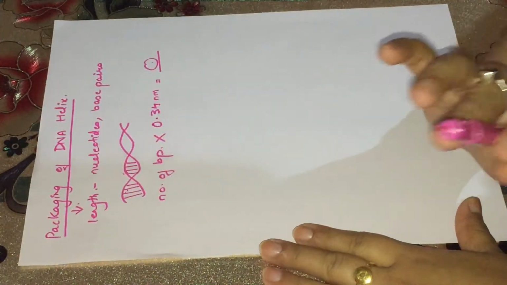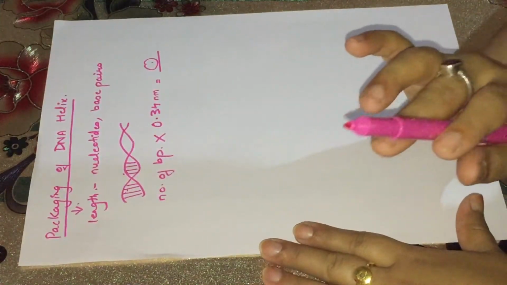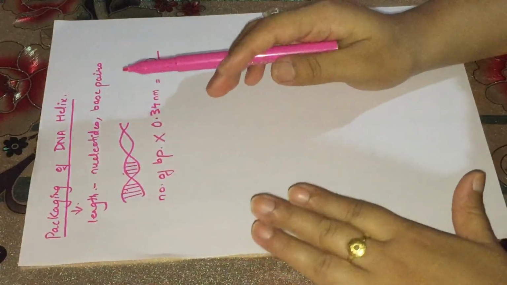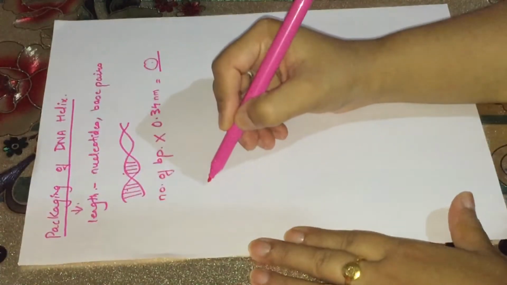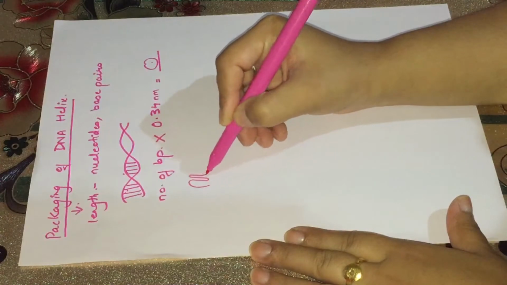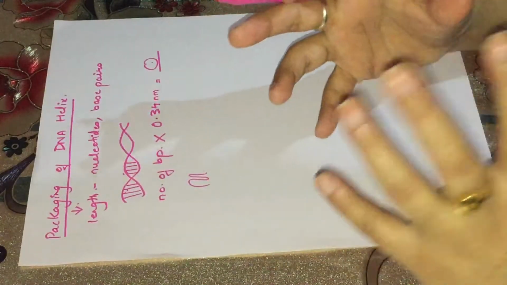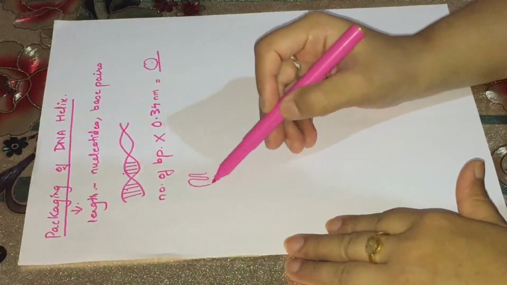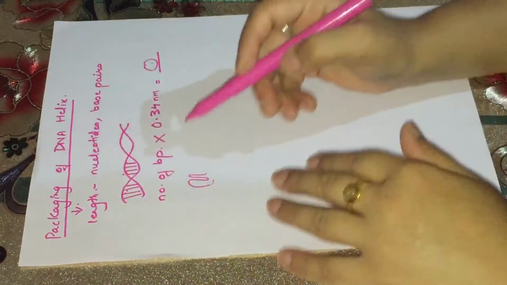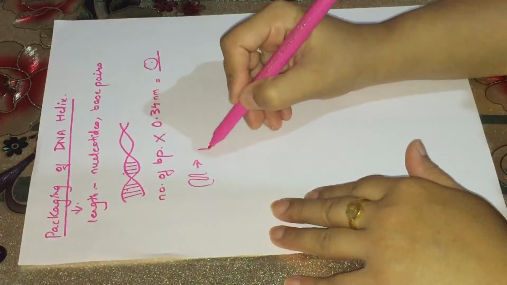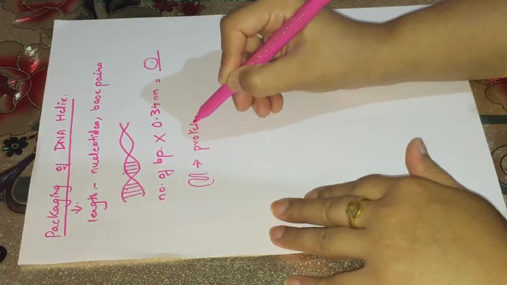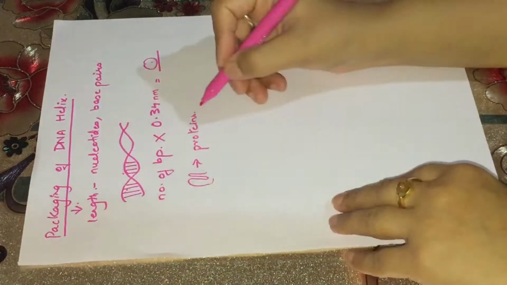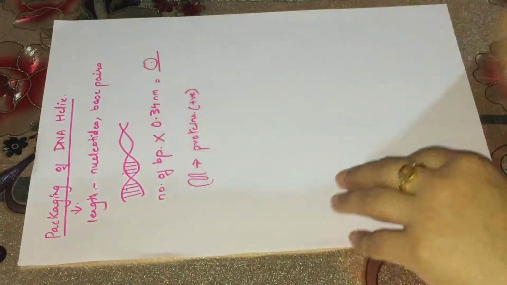Since prokaryotes do not have a properly bounded nucleus, their DNA is organized in large loops, a loop-like structure, which are held together by some proteins which are positively charged.